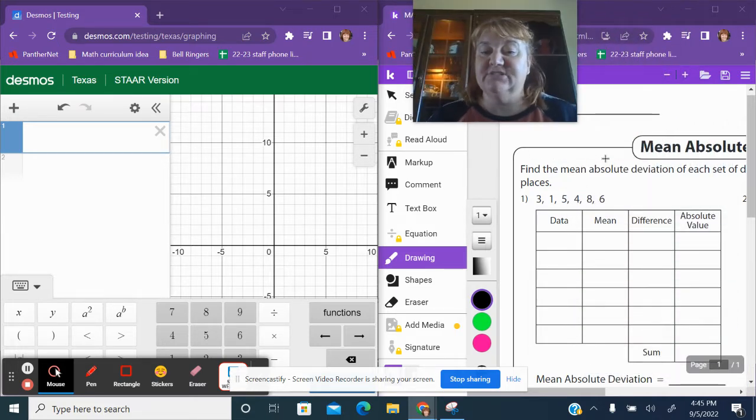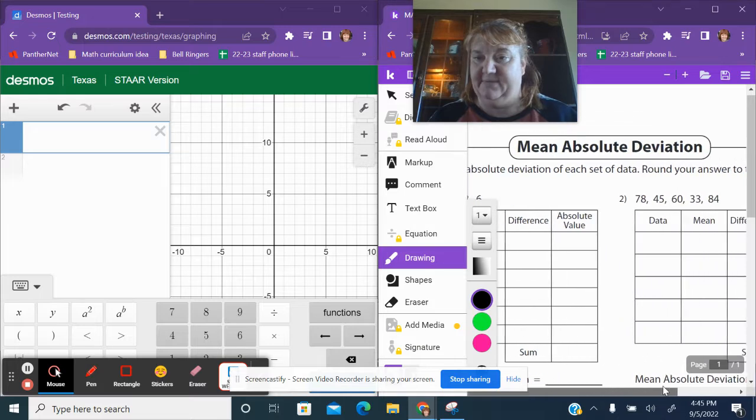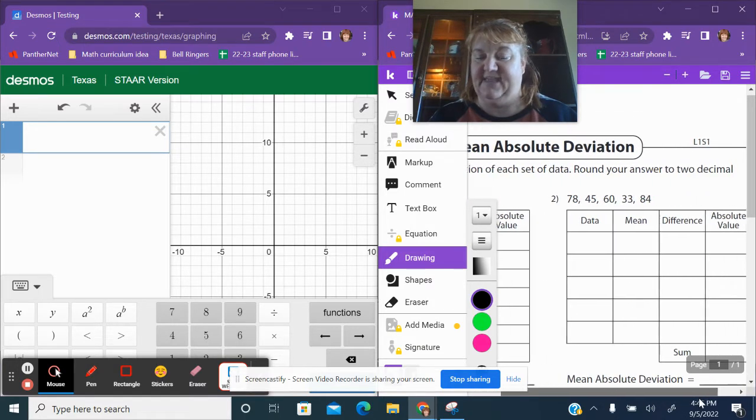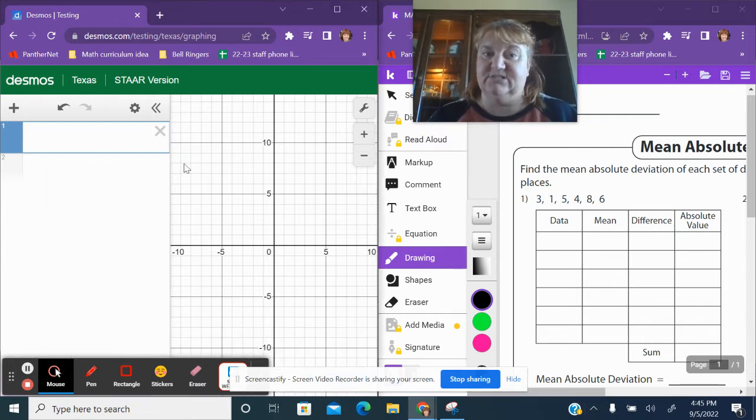Okay, so first of all, it says to find the MAD of, you can't see the whole thing, but see the mean absolute value, absolute deviation. Okay. So when you're in Desmos, notice I'm using the star version of Desmos because this is what you will have access to when you take the test.